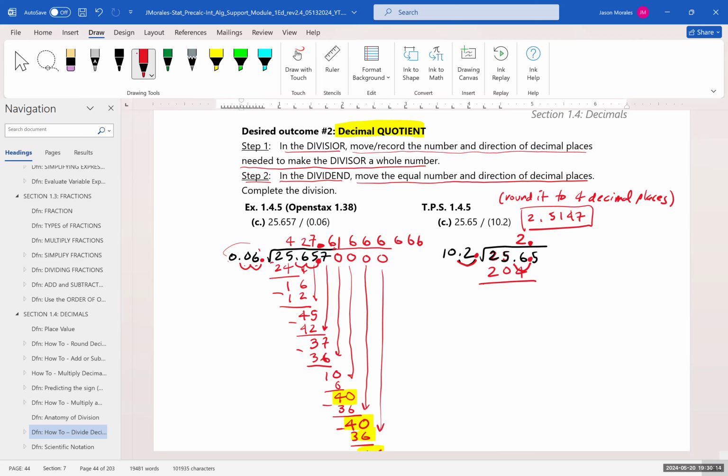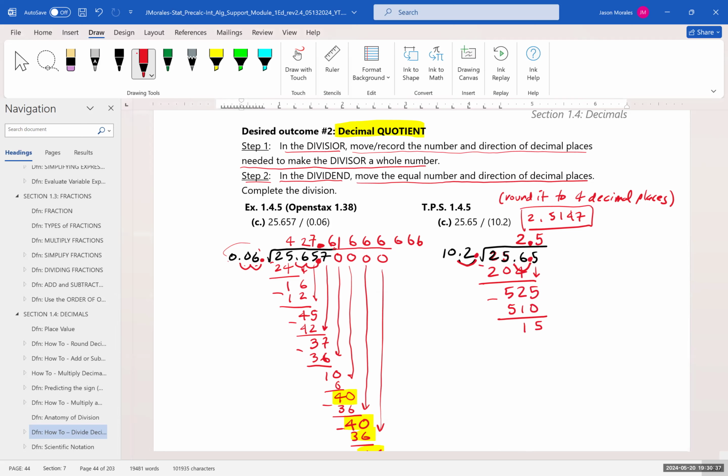Right, and that gives us a difference of 52. And now we'll drop the 5 down. And 102 will go into 525 at most 5 times. And 5 times 102 is 510.